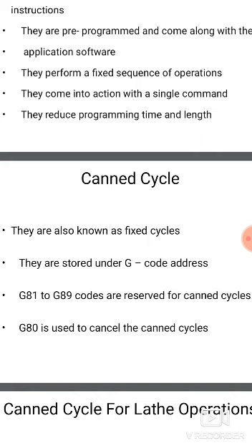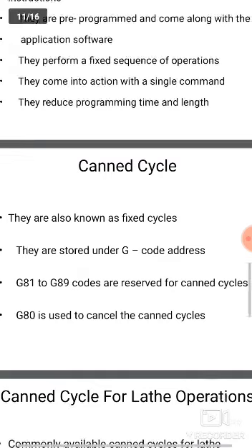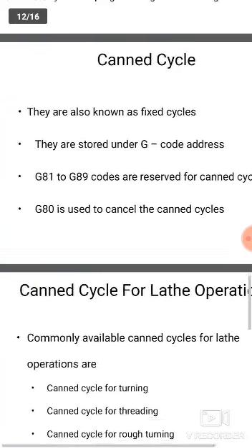This cycle simplifies the program by using a single block with a G code to specify the machining operation, which is usually specified in several blocks. So whatever is written in several blocks, we can specify in a single block. A canned cycle is also called a fixed cycle.